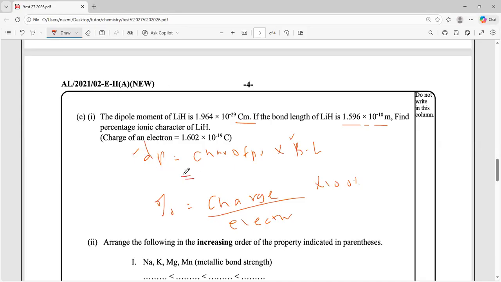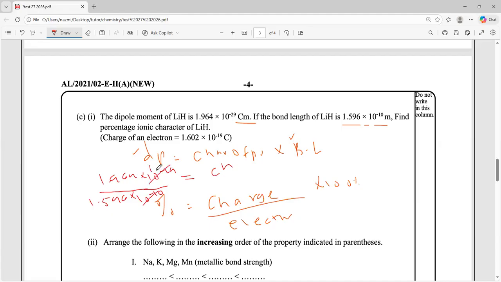Here the dipole moment is 1.964 into 10 to the power minus 29. If you divide by 1.596 into 10 to the power minus 10, it will give you the charge.